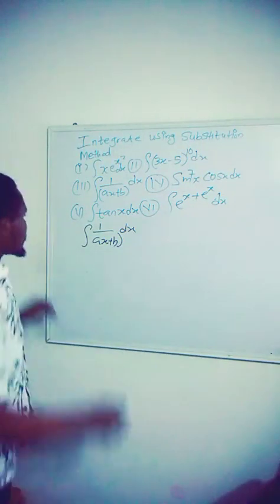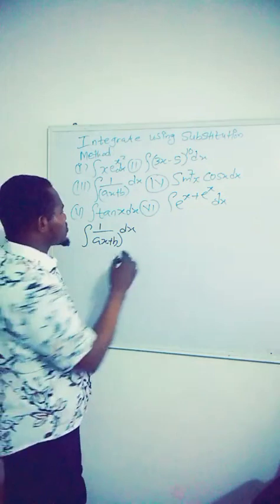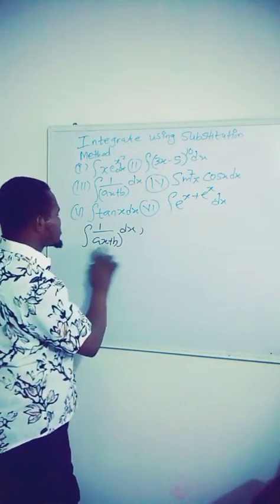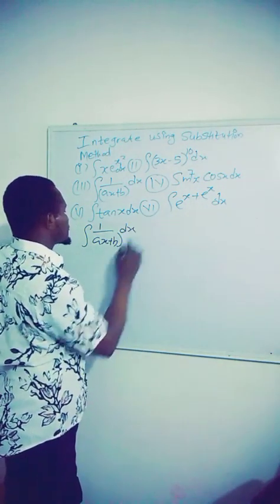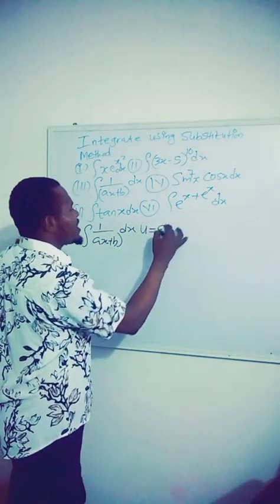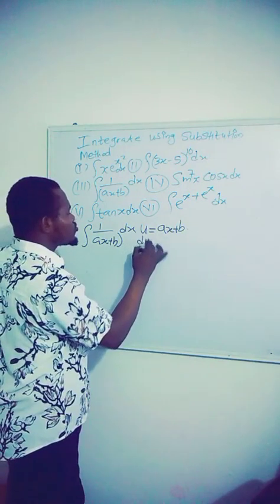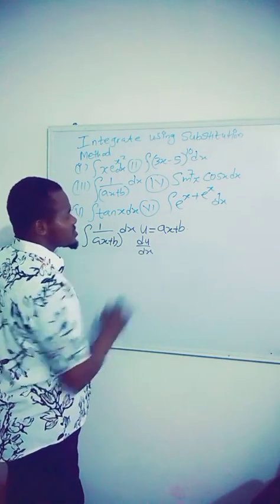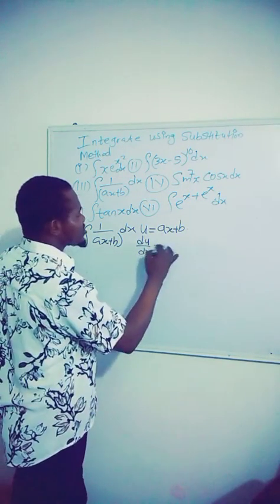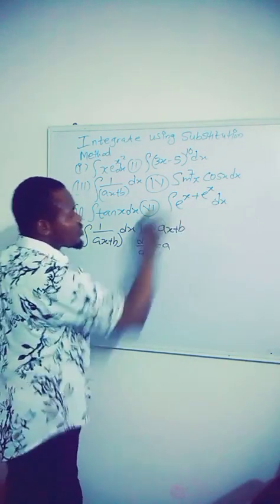Now see what we are having, the fraction. We want to substitute everything here as u to make it simpler. So if u equals ax plus b, what is du/dx? du/dx will give us a, because a and b are constants, so b becomes 0.